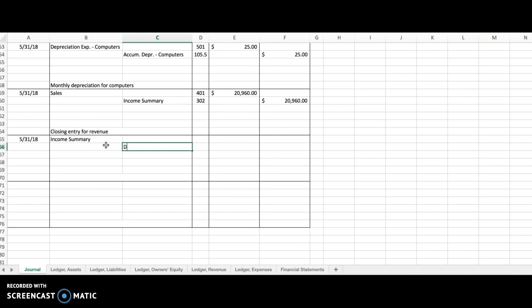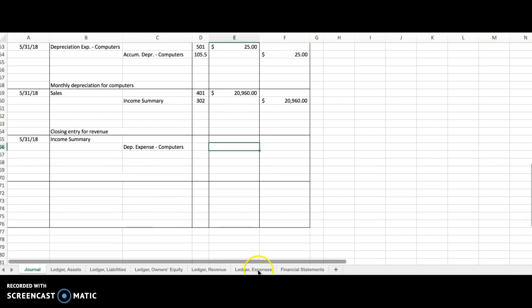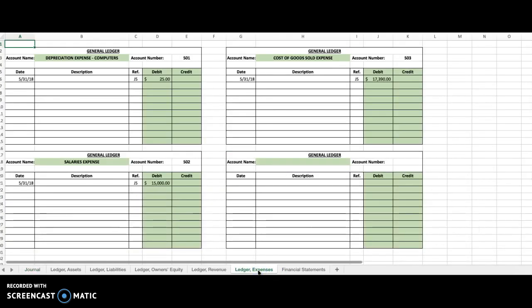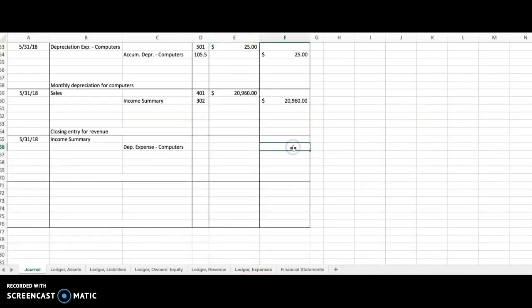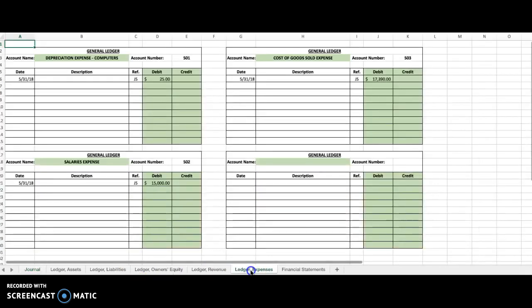The first one is depreciation expense for computers. And if we go to that expense account, we see computers has a debit balance of $25. So to close it, we need a credit of $25. So let's post that. We'll go to the expenses.